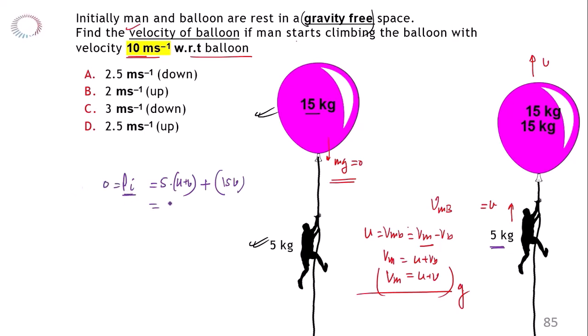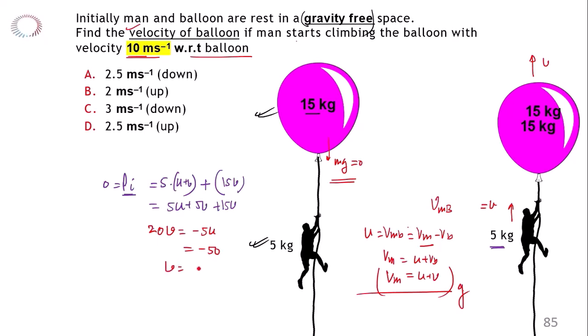So what I am getting is 5u plus 5v plus 15v should be equal to 0. That means 20v equals minus 5u, and u is given as 10 meter per second, so minus 50.